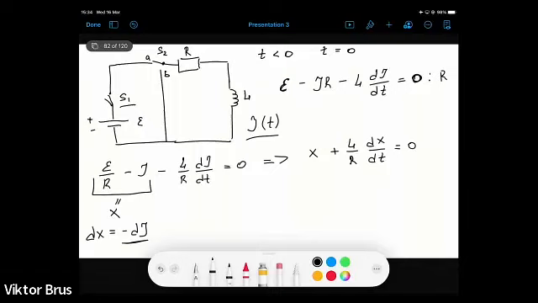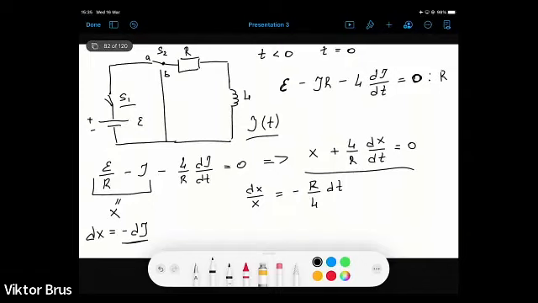Now we need to solve this differential equation, which is soluble by rearranging variables. So we can have dx over x equal to minus R divided by L, which are constants that don't change over time, times dt.